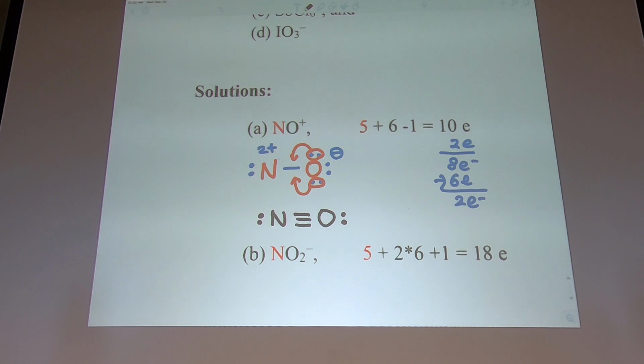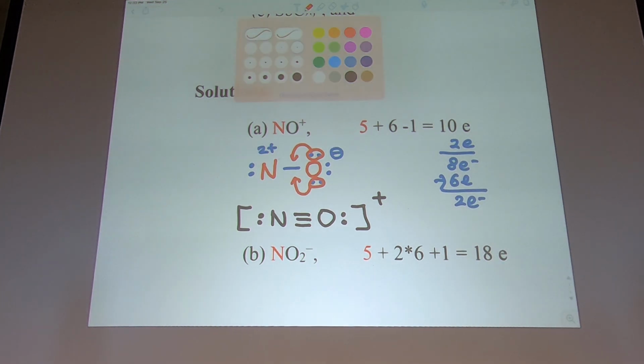Now, we need to finish the formal charge business. Let's start with the oxygen. Oxygen should have 6. It has 1, 2, 3, 4, 5. 6 minus 5 is plus 1. What about nitrogen? Nitrogen should have 5 electrons. It has 1, 2, 3, 4, 5, so nitrogen is 0.